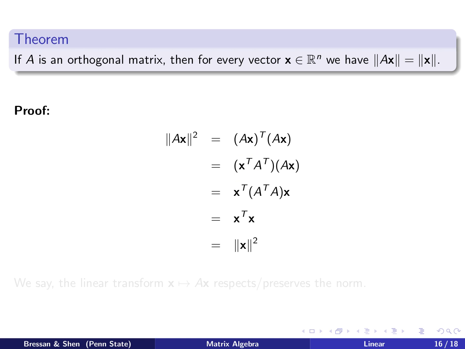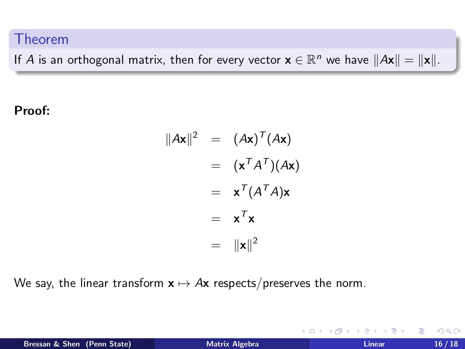So this becomes x transpose times A transpose, we switch the order, times A x. And now we can keep the order as is and do certain parts first. So we can do A transpose times A first, and then multiply by the vectors on the left and right. A transpose times A is the identity matrix, which doesn't change the result, so it just becomes x transpose times x. And this is exactly the norm of x squared. Okay, so we proved it.